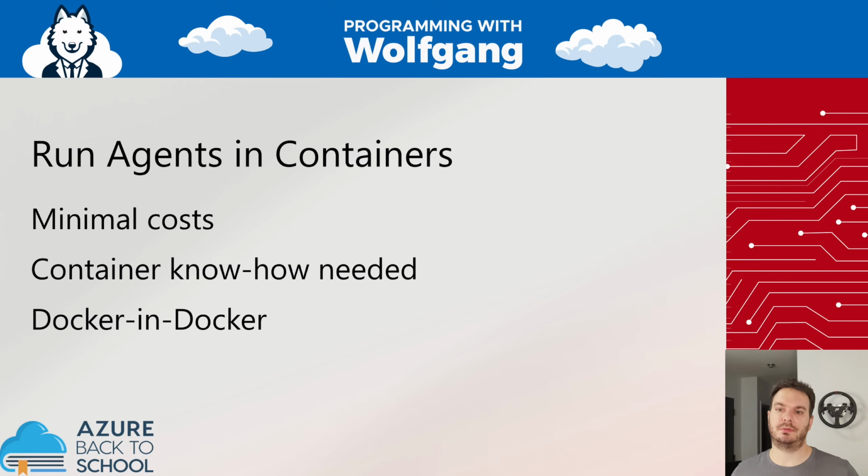The biggest one is Docker in Docker. This hasn't been possible in the last couple of years because Kubernetes removed the Docker runtime due to security reasons. And the only way to get it working these days is to run your container as a root user, which is bad for security. And in Azure Container Apps, not even possible.